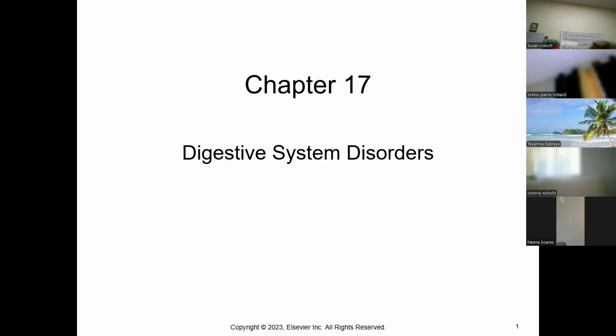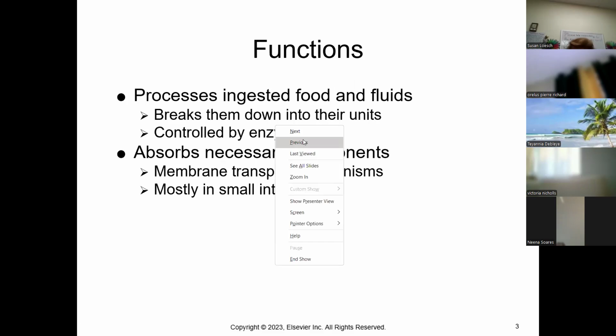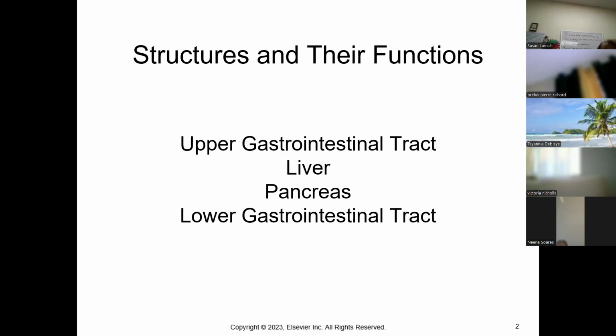All right, so the digestive system itself goes from your mouth to your anus. It helps you get food, it helps break it down into nutrients. That's called digestion. We absorb those nutrients into the blood, and the body will get rid of anything that is not digestible. There are organs that relate to it.